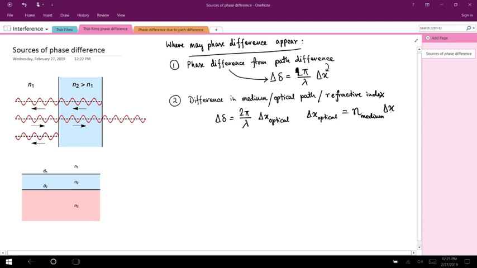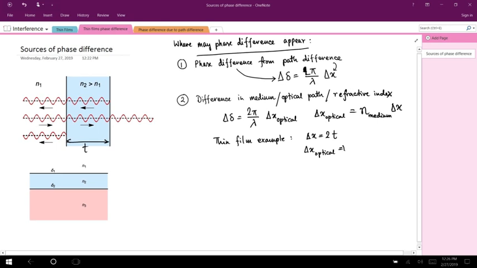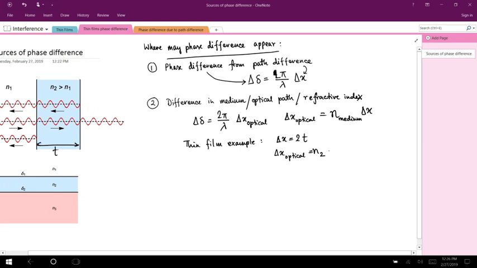So for instance, in the case of thin films, the thin film example was delta x is equal to 2 times t, where t is the film thickness, right? So 2 times t, but delta x optical is equal to N2, or N medium if you want to call it, N2 times 2t, or N2 times delta x, which is equal to 2 times N2 times t.